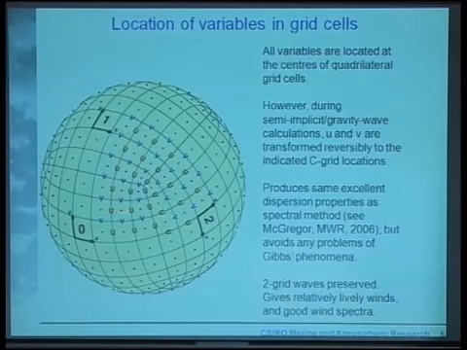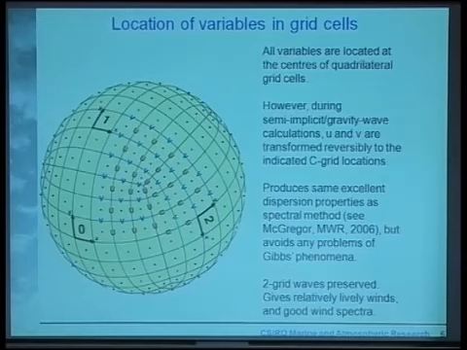But rather than use interpolation, I've come up with a reversible scheme that shifts between them. So you can go backwards and forwards without any diffusion type effects. And I'll show that in a moment.